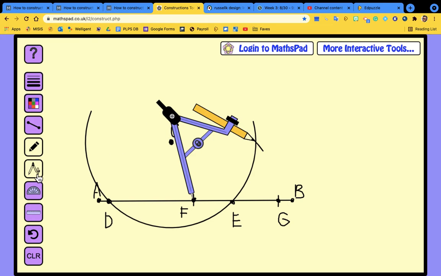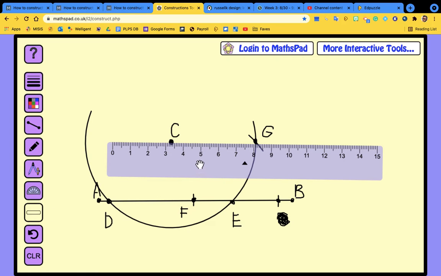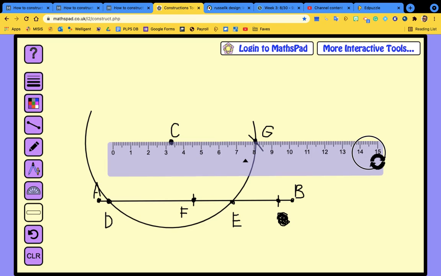So this is not point G. This is point G, right here, just like that. And now we take our ruler and put it on C and on G, and I'm going to draw my line there.